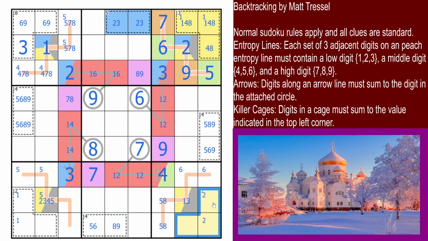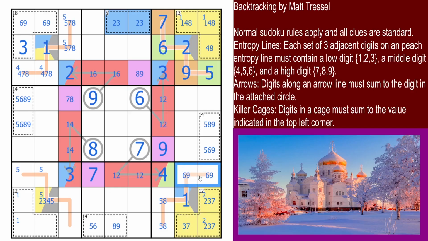Has to be here. So that's 2, 7, which is 9, and 3, yeah, 2, 3, 7. That must be 1, which is again low digit. 1, 2, 7, that's not true. This is 6, 9, right?